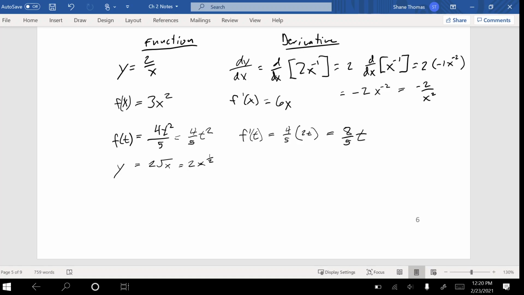So then dy/dx is going to be 2 times 1/2 x to the negative 1/2. So 2 times 1/2 is just 1. So I'm left with x to the negative 1/2, which is going to be 1 over the square root of x. Take the bottom to be 1 over x to the 1/2, and 1/2 is just a square root then. Still good?